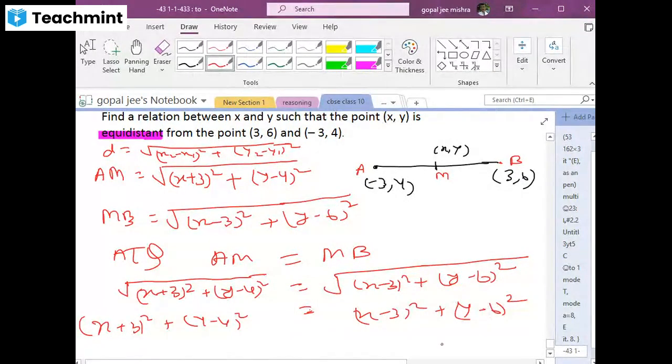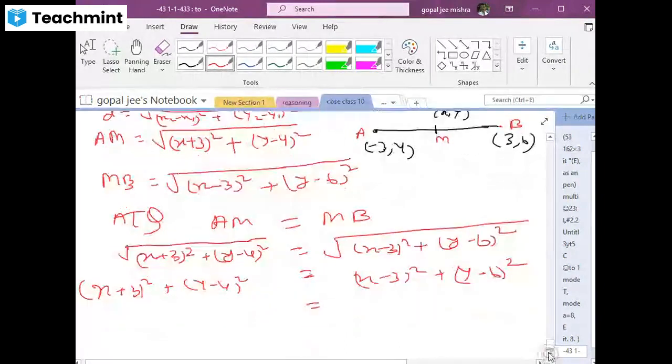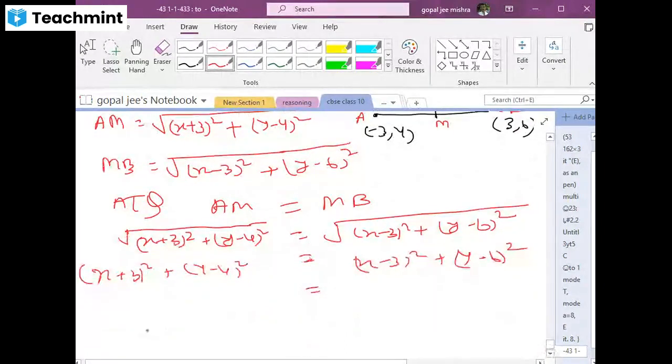Can you tell me the formula of (a minus b) whole square? a square plus b square minus 2ab. Okay. And for plus, plus 2ab will be there. So here we will get x square plus 9 plus 6x. For (y minus 4) square, we can get y square plus 16 minus 8y very easily.